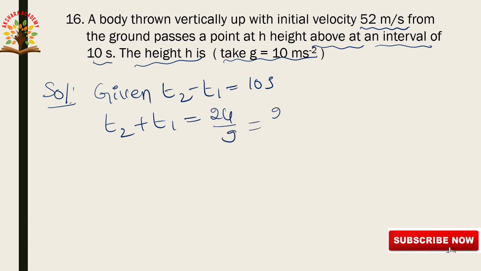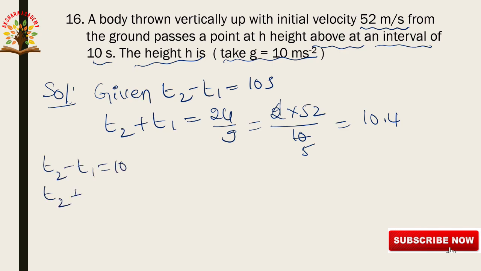Substituting u as 52 meters per second and g as 10, 2 ones are 2, 5 twos are 10, so 52 by 5 is 10.4. So t2 minus t1 is equal to 10 seconds, whereas t2 plus t1 is equal to 10.4 seconds.